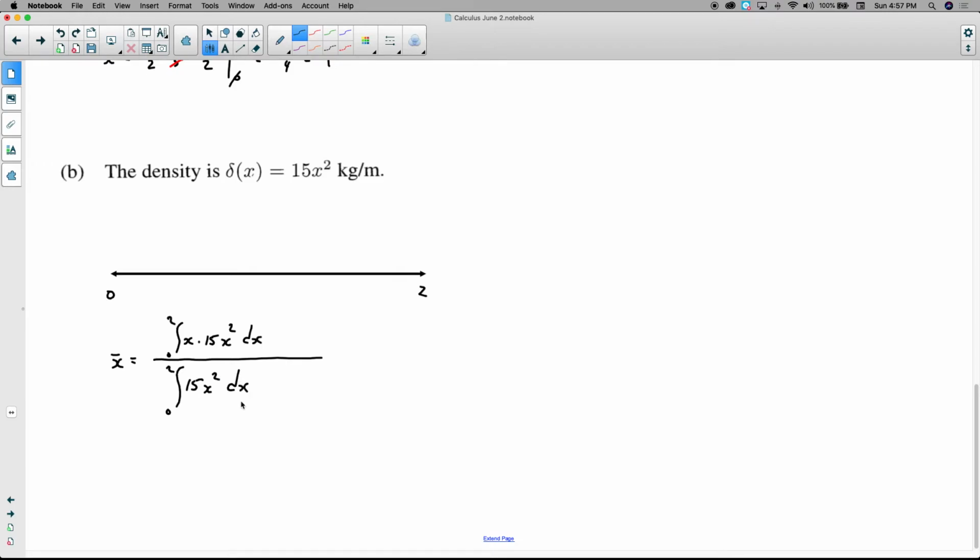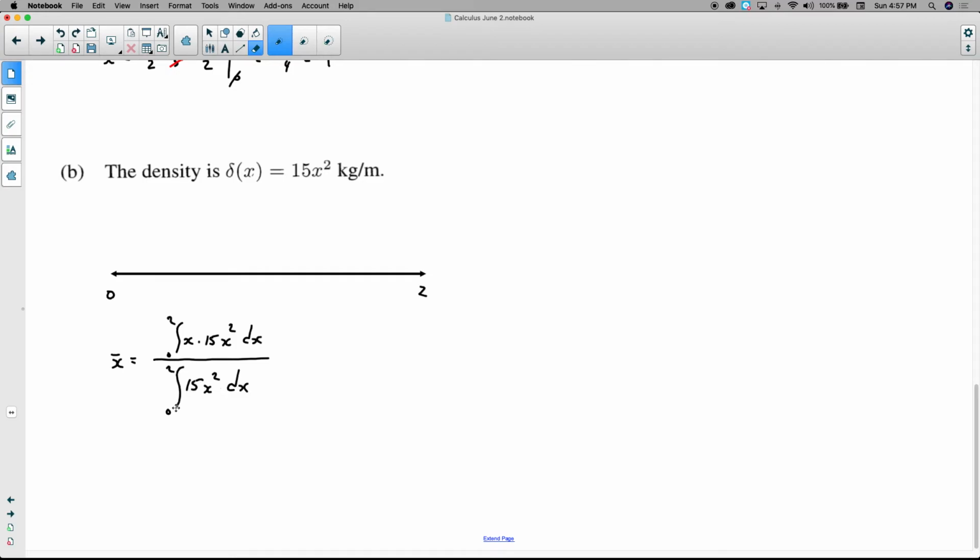Okay, so let's just think through what these things mean one more time. When you take density measured in kilograms per meter, think about the units of that, times an infinitesimally small length, but a length nonetheless measured in meters, then this is going to wind up in kilograms.